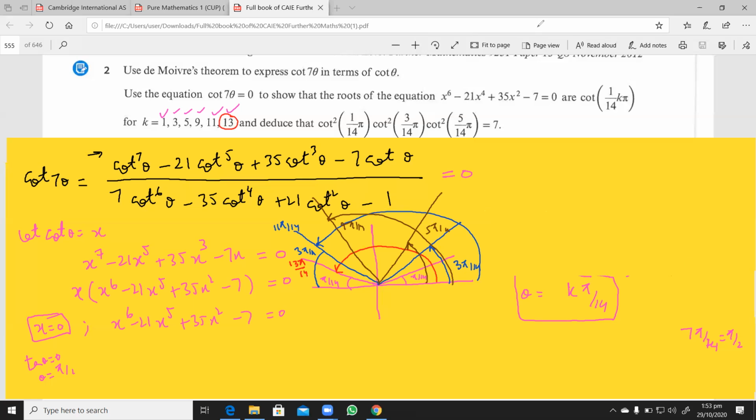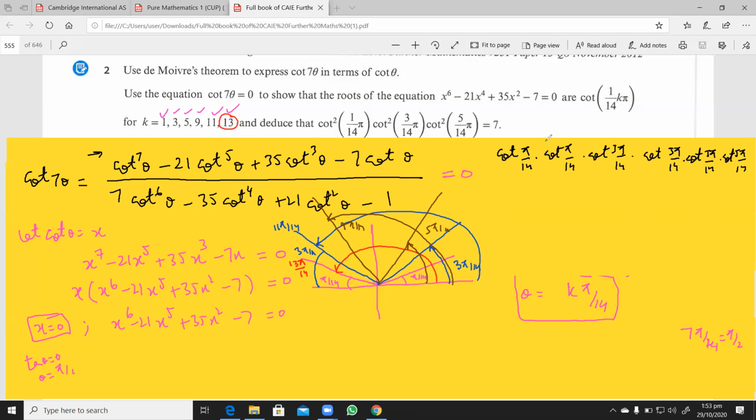Can I write this cotangent pi by 14 square as pi by 14 times cotangent pi by 14? And this is cotangent 3 pi by 14 times cotangent 3 pi by 14. You have to think this much for this further mathematics. Cotangent 5 pi by 14 times cotangent 5 pi by 14.